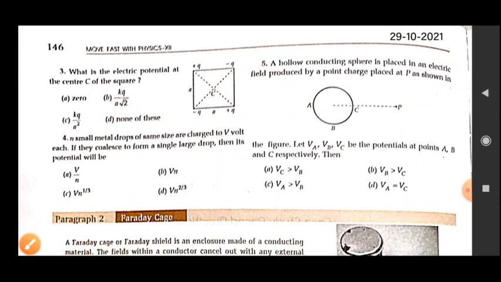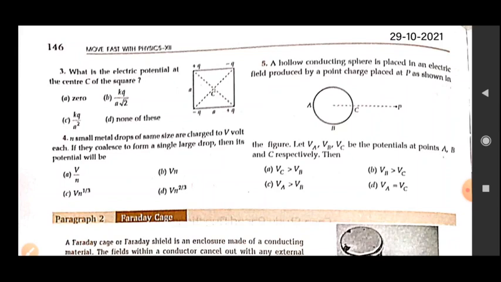Now question number 5, the last question of this case study. A hollow conducting sphere is placed in an electric field produced by a point charge placed at P as shown in the figure. Let VA, VB, VC be the potentials at points A, B, C respectively. Then we have to write the conditions.